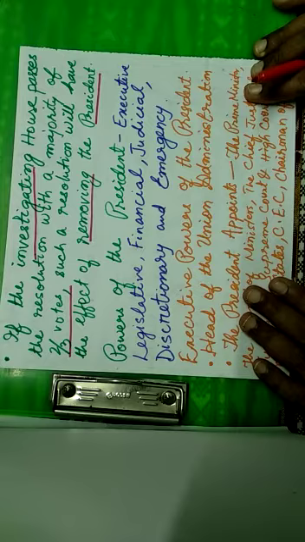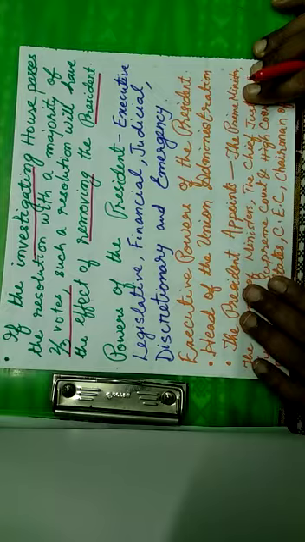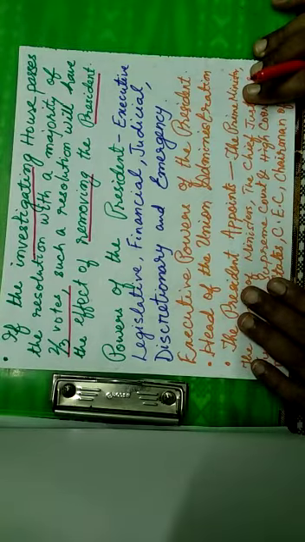First, any of the 2 houses will initiate with a 14 days written notice signed by 1/4 members. The resolution must be passed in the same house with 2/3 majority of votes and sent to the second house. The second house investigates the charge, and if it is proved and the second house passes the resolution with 2/3 majority votes, the president stands removed.